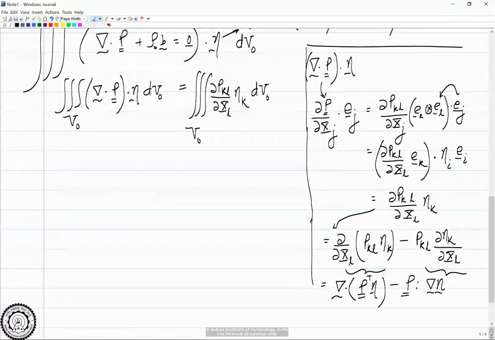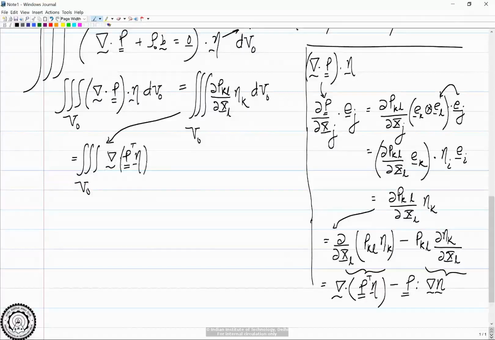Isn't it? So we can now substitute it back, and this becomes integration over V naught of divergence dot P transpose eta minus P double contraction grad eta.